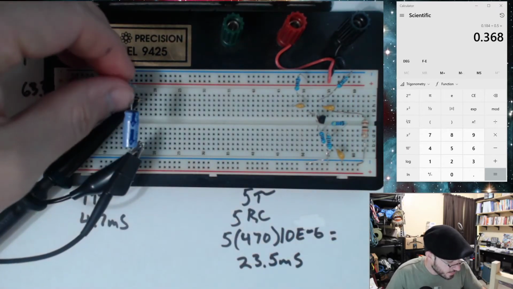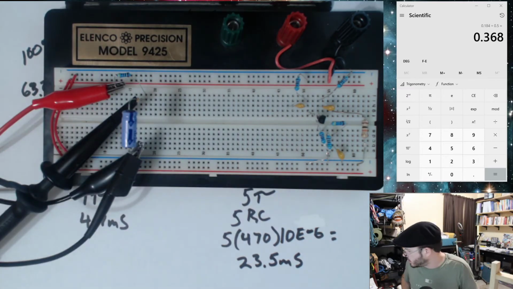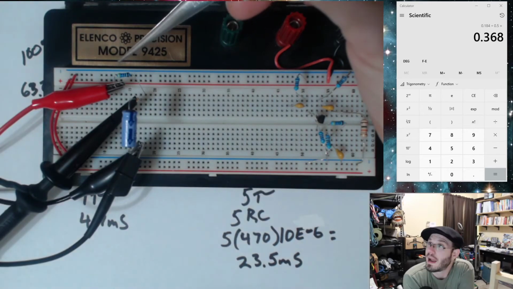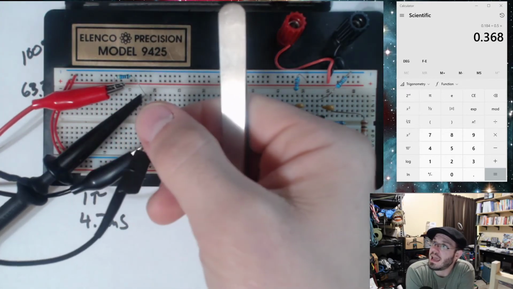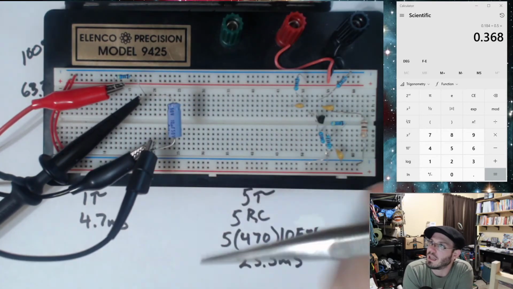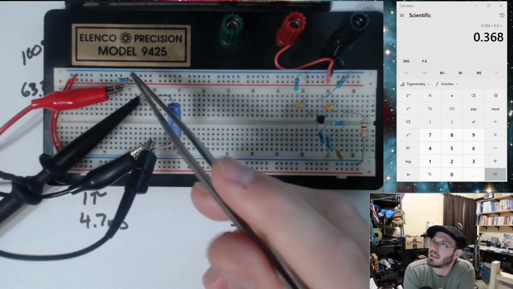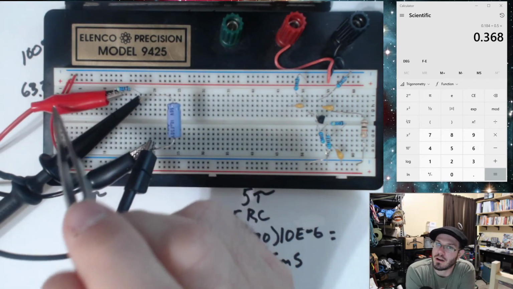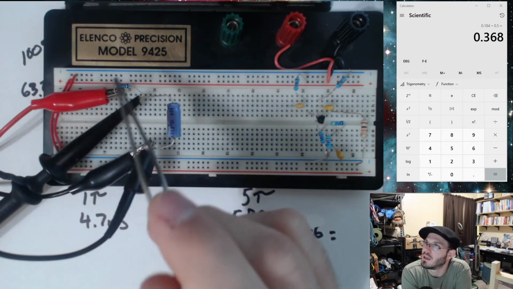So what I have here is a 470 ohm resistor. Pointer. Right here. 470 ohm resistor and a 10 microfarad cap, electrolytic. And I have the cap connected to the one side of the resistor. I have my function generator applying a square wave to this resistor.